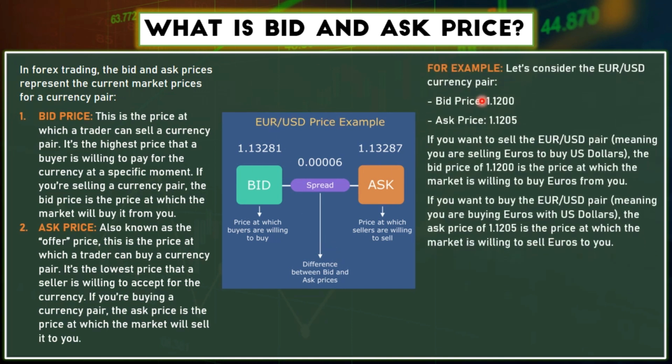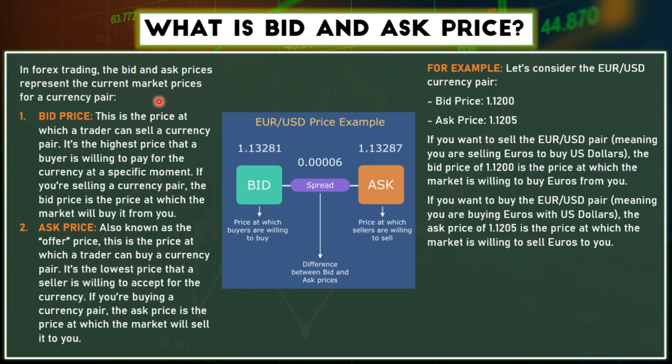So let's look at an example very quickly. For example, let's consider the euro to USD currency pair. The bid price is 1.1200 and the ask price is 1.1205.